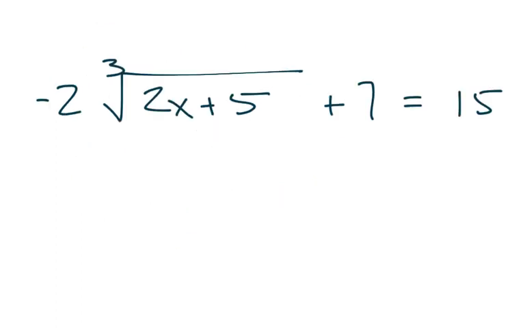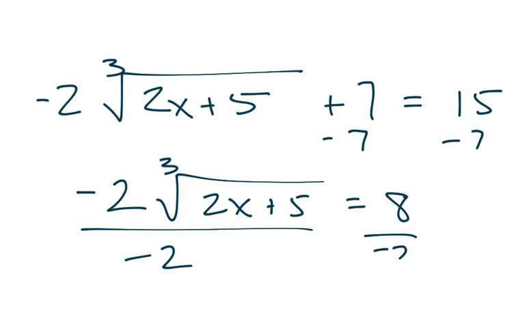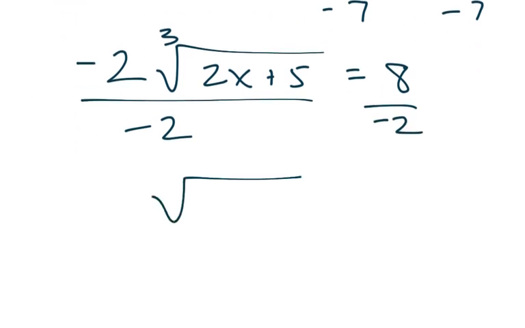Now then, here's a multi-step one. Let's subtract 7 first. Then we'll be left with this equals 8. Okay? That's a little bit long there. Don't need it to be that long. Now we're going to divide by negative 2. And what do we have left?